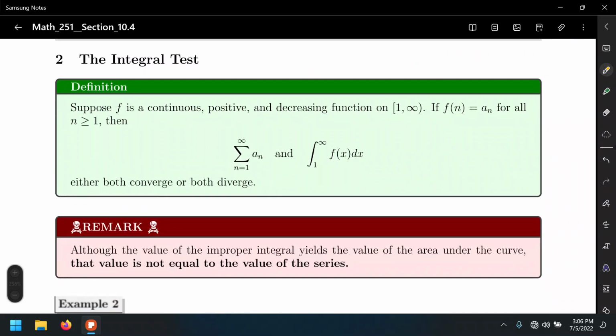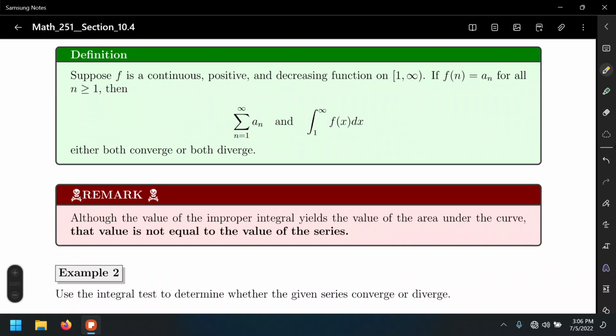The integral test. We are going to use an improper integral to determine the convergence or divergence of a given series. Even though pretty much every sequence can be represented by some function f of x that we would be tempted to integrate, in some cases we can actually integrate those functions.